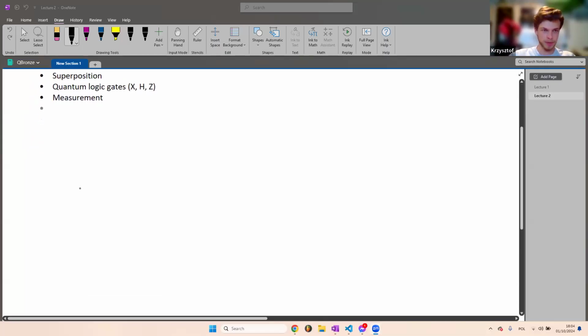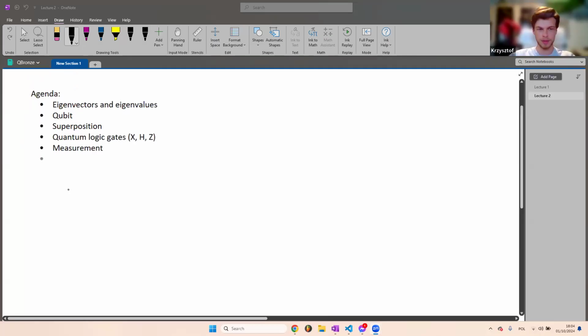So to begin with, I'll start with a simple problem. Let's say we have a matrix, which we'll call M, and we have a vector V. And we want to find such a value, lambda, that after applying the matrix to our vector V, the result will still be vector V times some lambda.